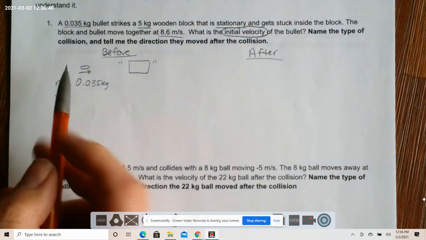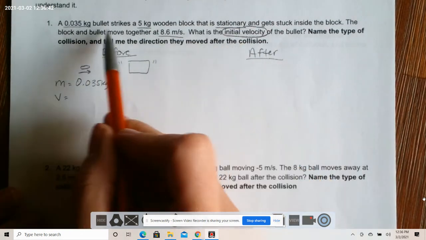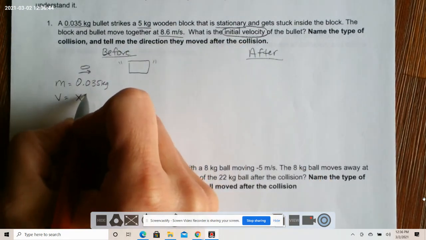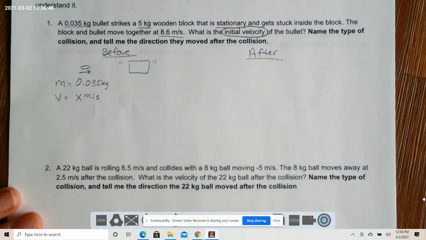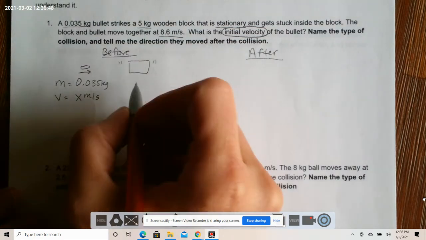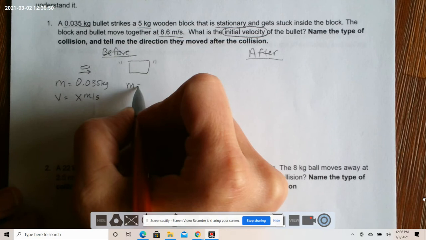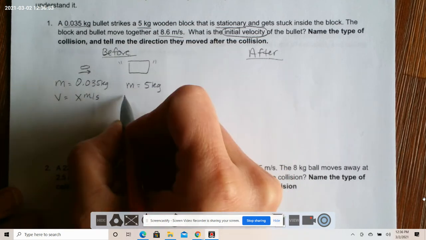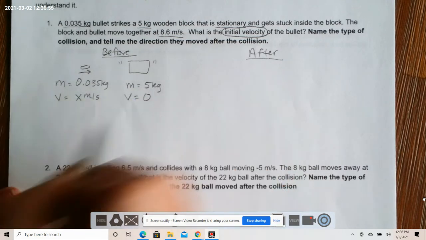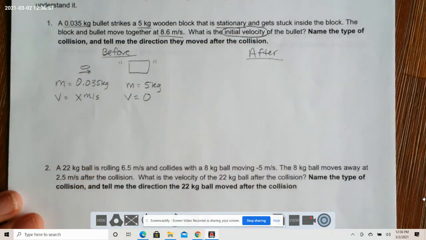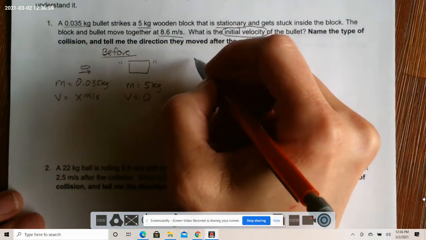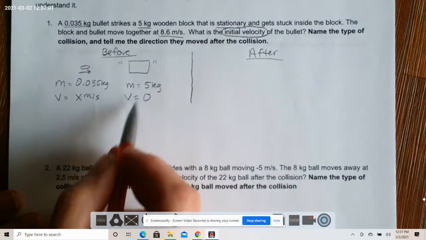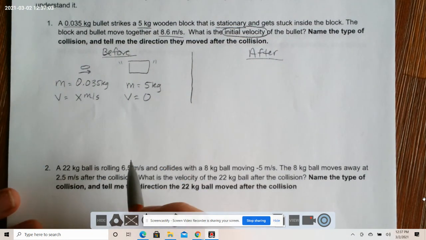And we need to know the initial velocity. We don't know the initial velocity. So that's what we're going to be looking for this time, x meters per second. And then we have the wooden block, which is mass is 5 kilograms, and its velocity is 0 because it is stationary. So that helps us figure that out by giving that a 0 when we solve.